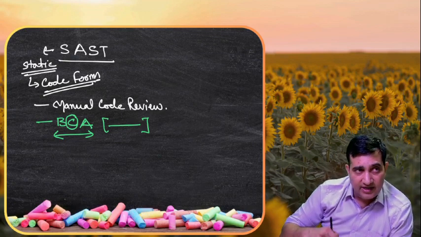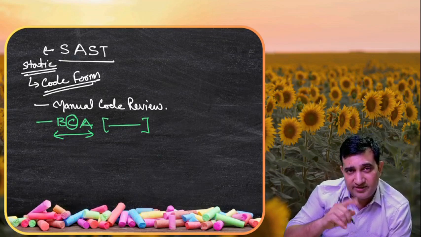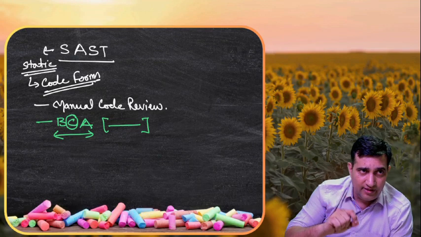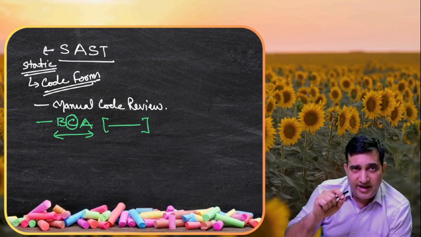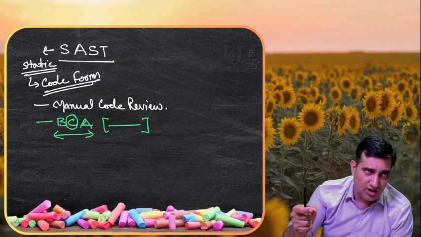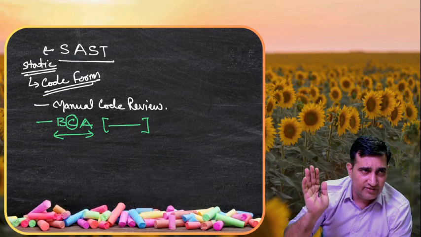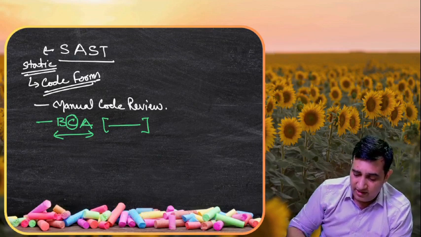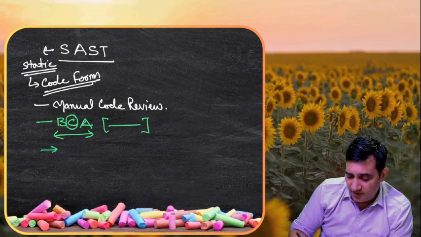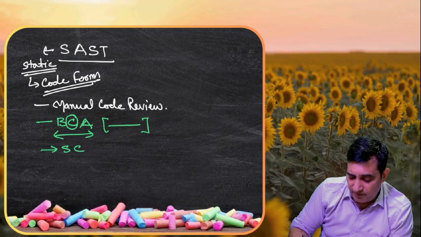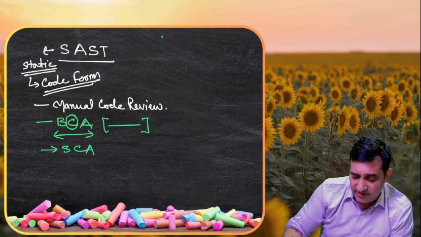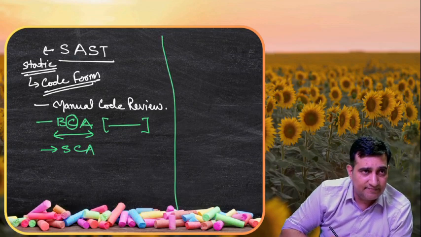And based on that, it is going to tell you if there is a problem. For doing the binary code analysis, we use a lot of tools out there, some very, very good tools which are available in the market, right? Then binary code analysis, software composition analysis, these are the kinds of things which we do in SAST.